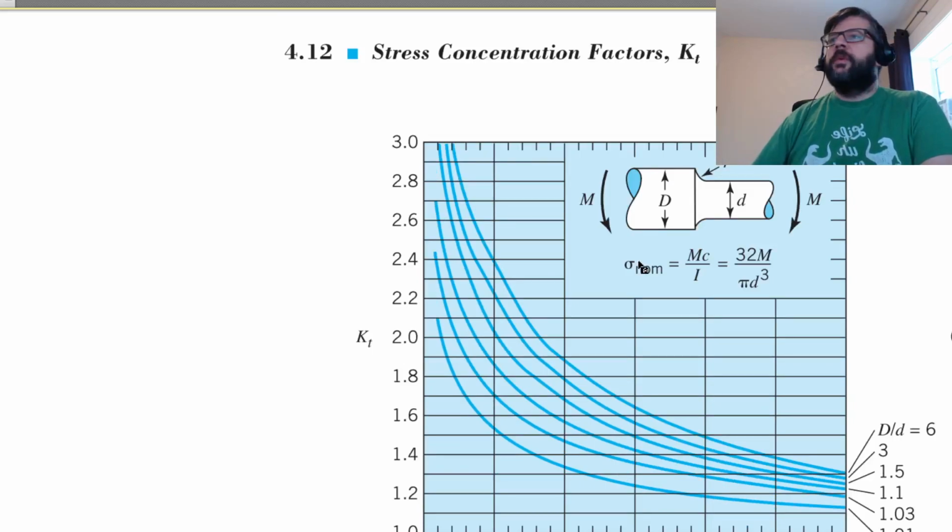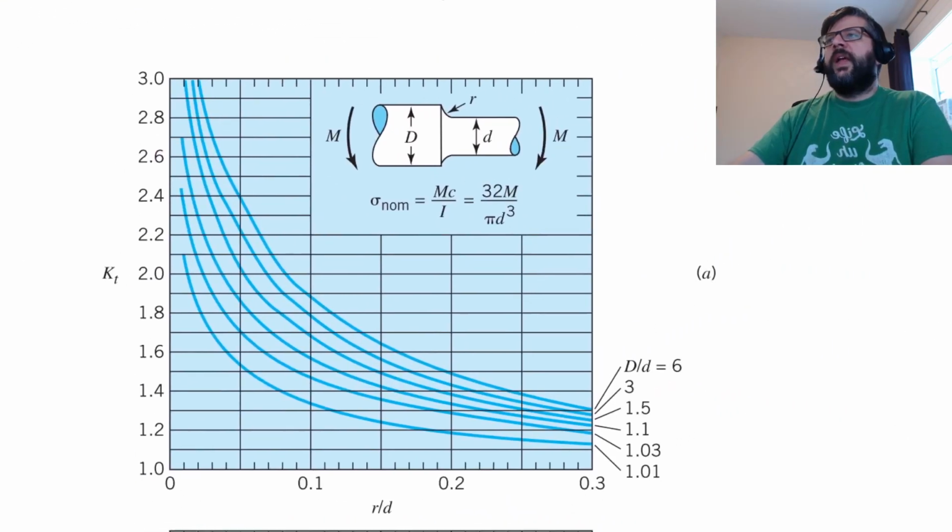The bending moment one's the first one, so this is chart A. So the bending moment stress concentration can be found here. We've got our r/d value there, so basically 0.125, that'd be a line right about there, and maybe a bit more to the right.